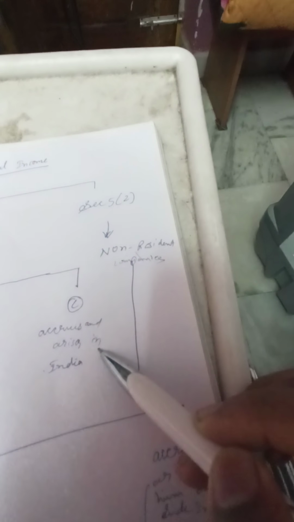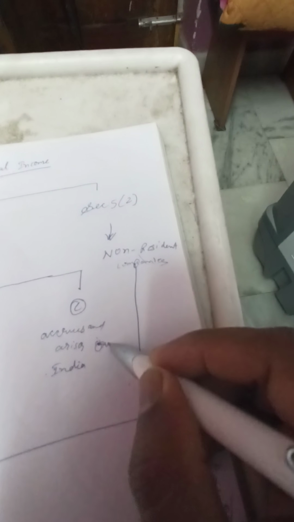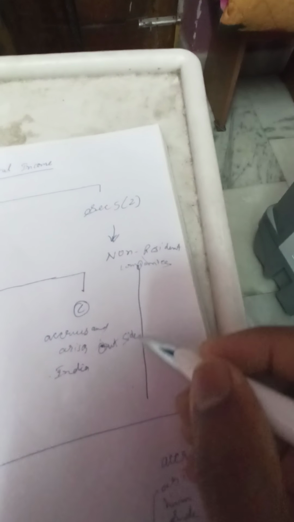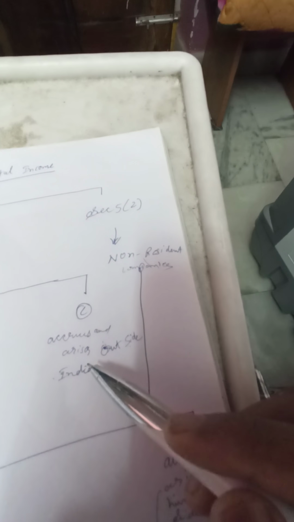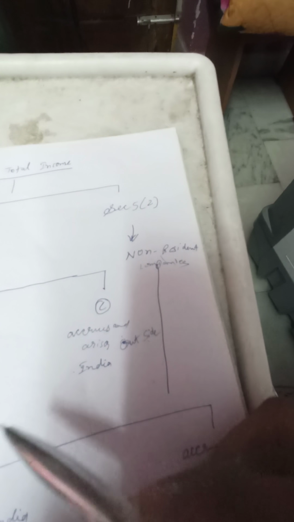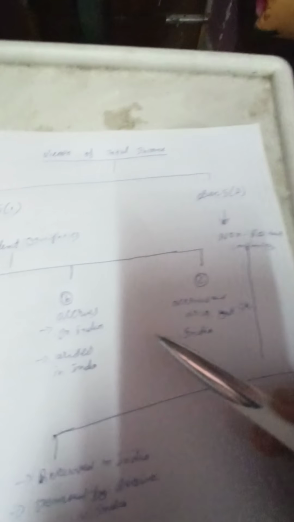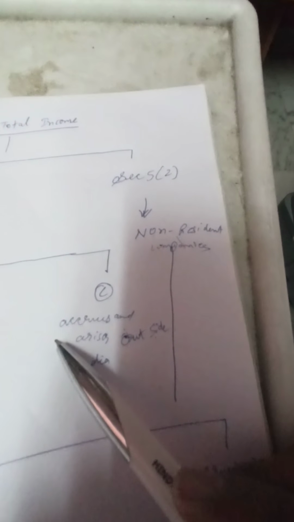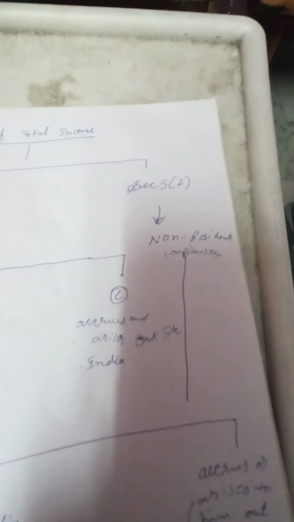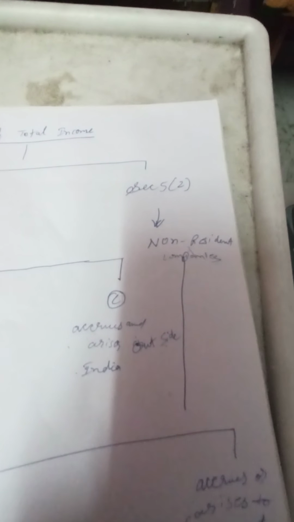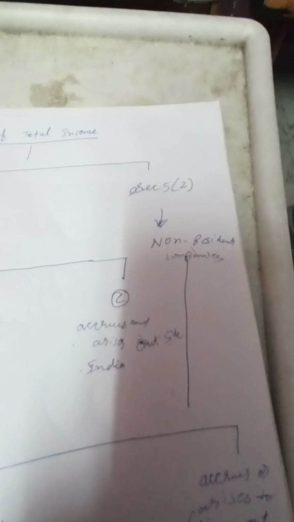Now income that accrues or arises outside India. Already we know the income accrued in India or arisen in India is taxable in India, which is the second scenario we have seen. The only thing is here it accrues and arises outside India. Suppose you are a technician, you know how to repair huge machineries.